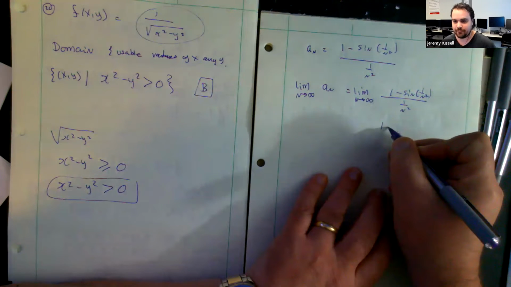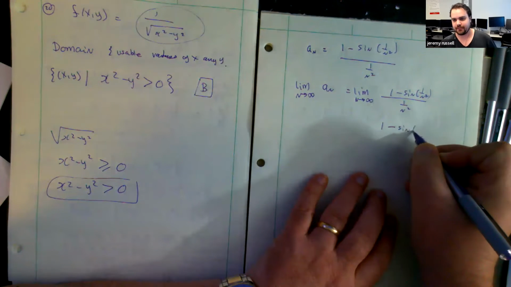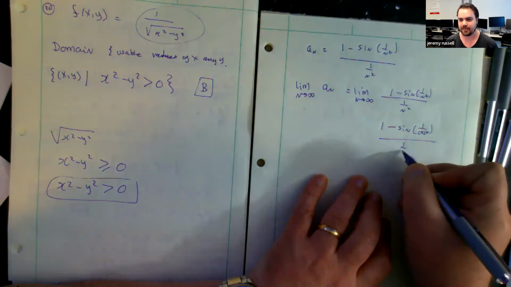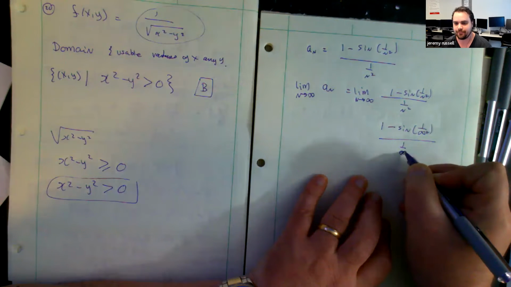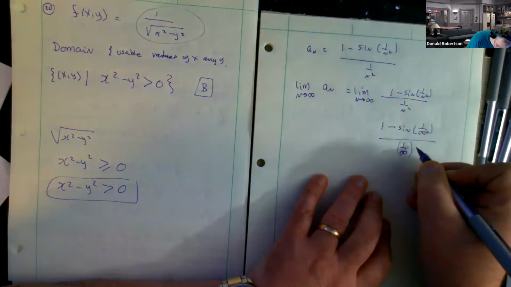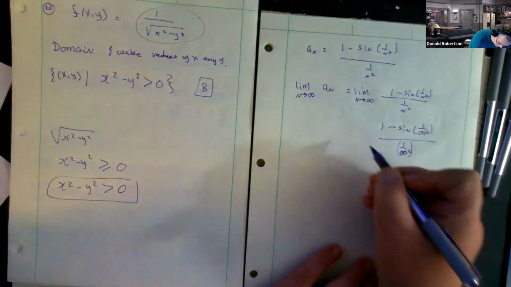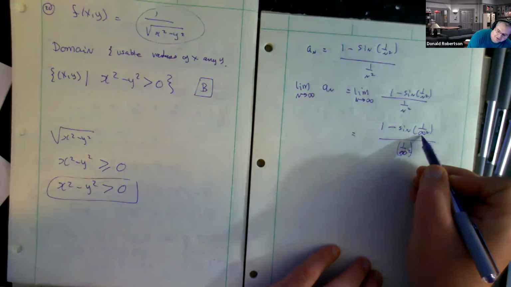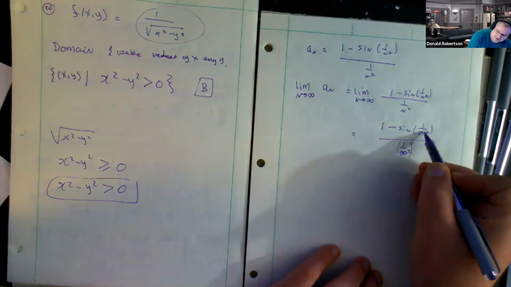What I did was just put parentheses around the numerator and pulled the denominator up, flipped it, and multiplied it. Nothing wrong with that. That works. 1 over infinity squared is 0. Sine of 0 is 0.